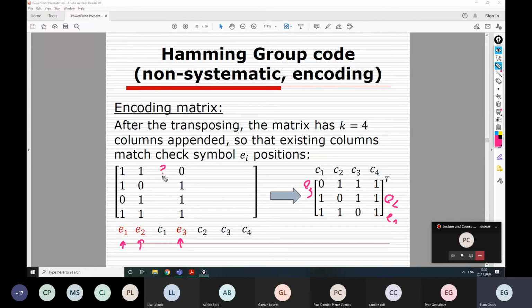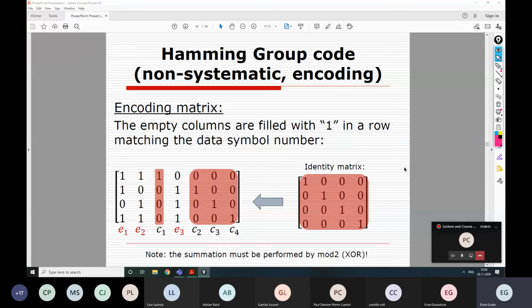What do we need to fill in the remaining positions? Well, actually there is nothing different than the identity matrix, only separated with this E3 symbol. So basically we don't want to change our data C symbols, we want them to be like they were originally, and we want to add together before and in between these control symbols.